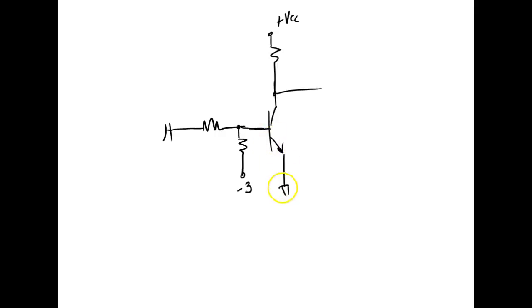So this is common, this is minus, so right now this transistor is off, right? My input signal comes up. What's it going to have to get to right here before it turns on? About 3.7 volts, right?